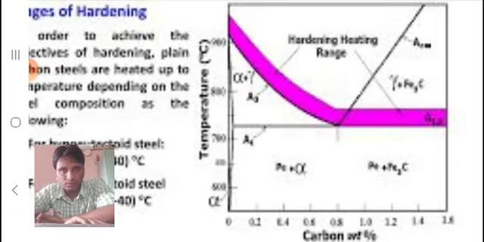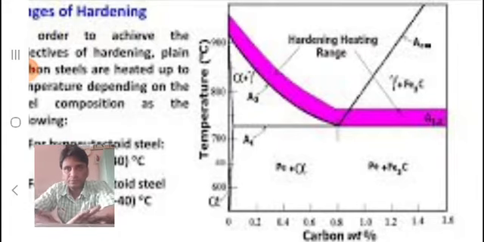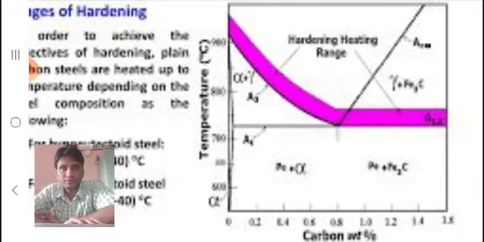And also, if it is quenched, what we get is martensite. This martensite is very hard and very brittle, with an RC value of 60 or 65, and high brittleness is not safe in engineering application service conditions.